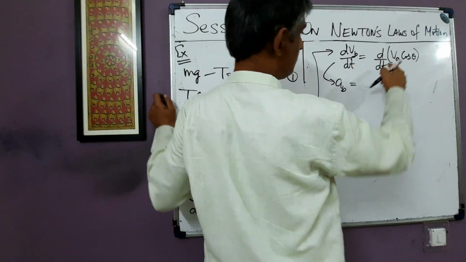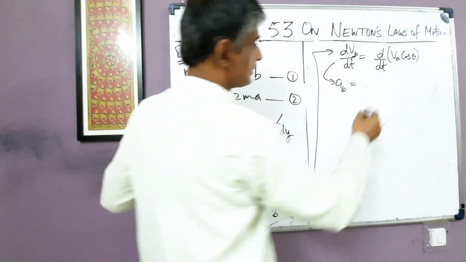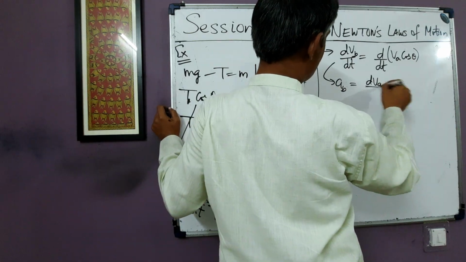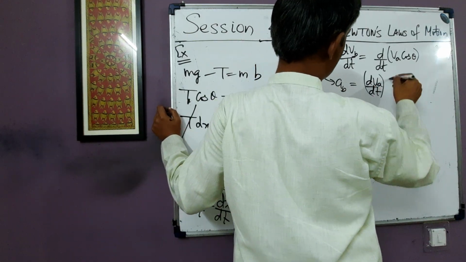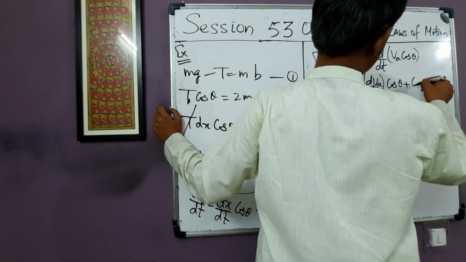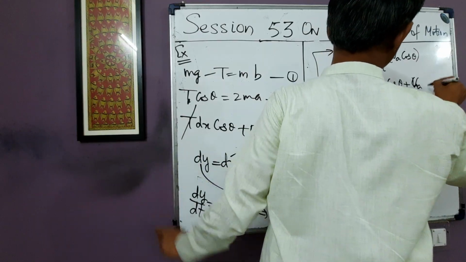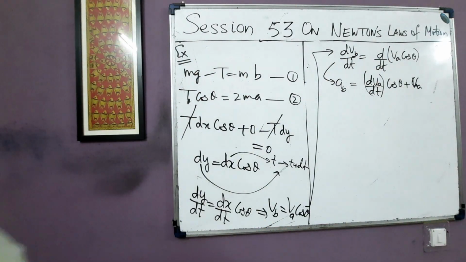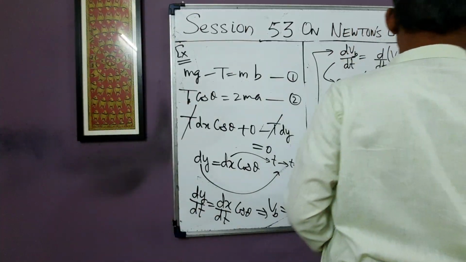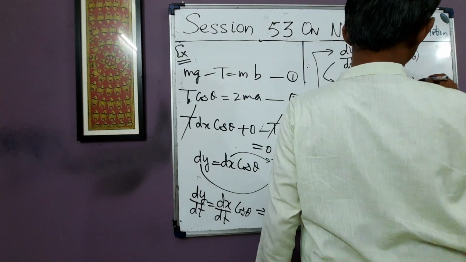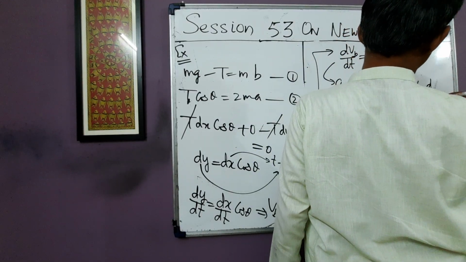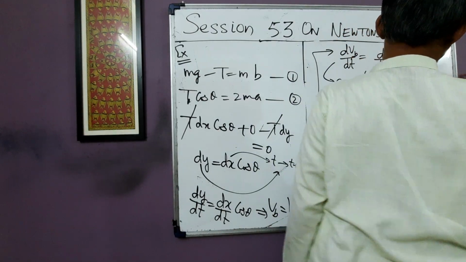And what does the right side become? I differentiate this using the product rule of calculus. So this becomes dVa by dt into cos theta plus Va into d by dt of cos theta.